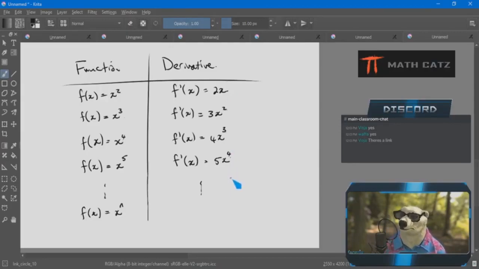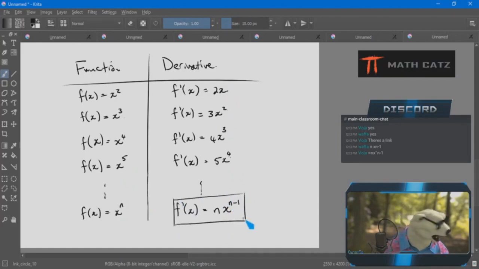Definitely. It's not really hidden. The coefficient keeps increasing, so it's reasonable that the coefficient should be an n. It's the same as the power of x, right? And the new power of x is 1 less. And there we have it.